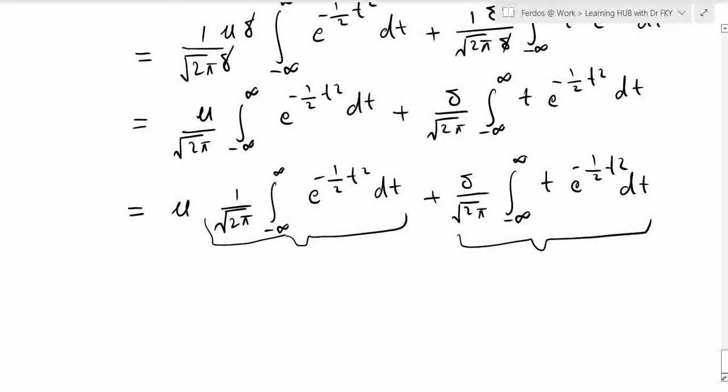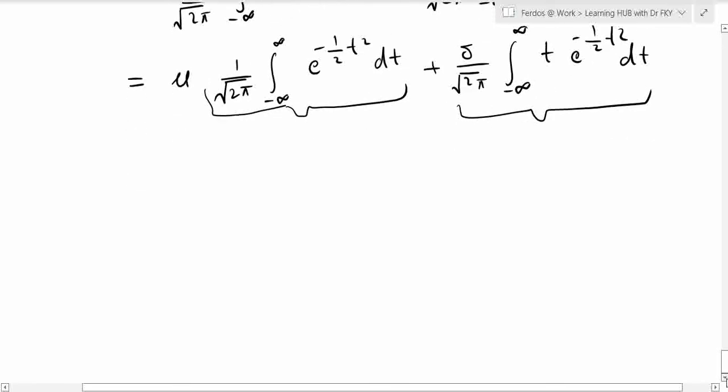If you look, this function is an odd function in the variable t, and you should know that for an odd function, with limits from minus infinity to infinity, and specifically from minus 5 to 5 or minus 10 to 10, the area, or the integration, is simply equal to 0.